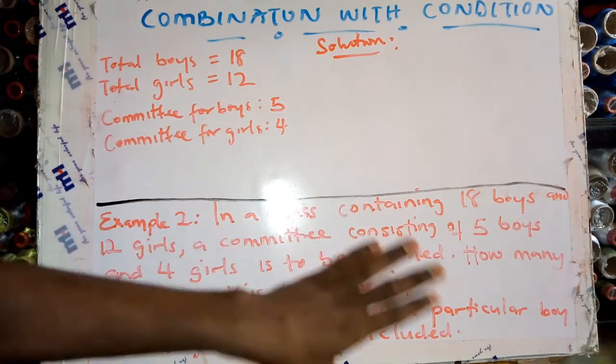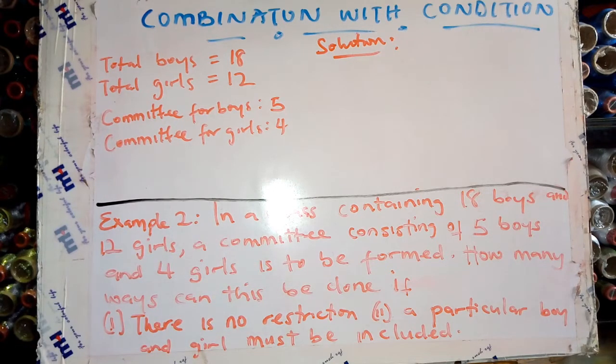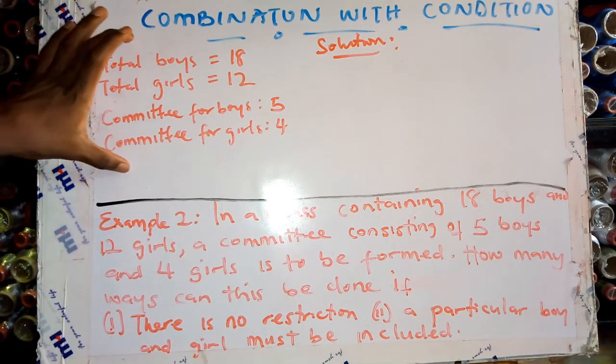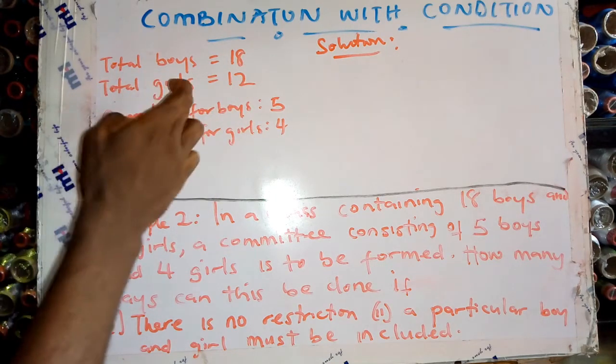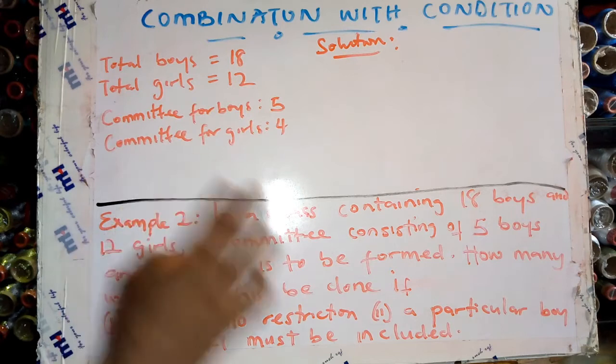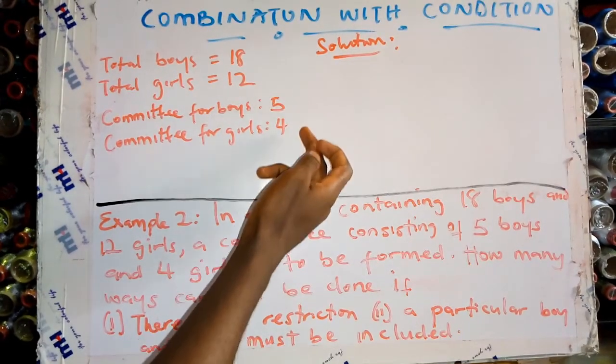So with all these stories, this is just what they are trying to say. When you see a question like this that looks very long, with too much text, don't let it scare you. We've brought out the necessary details: the total number of boys is 18 and the total number of girls is 12. They want to form a committee of 5 boys and 4 girls.